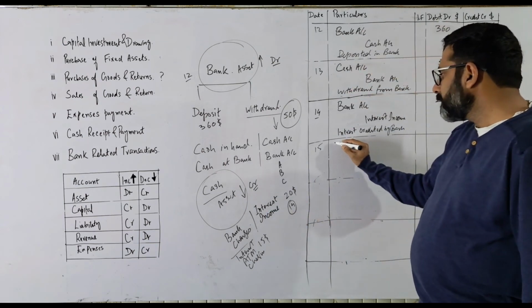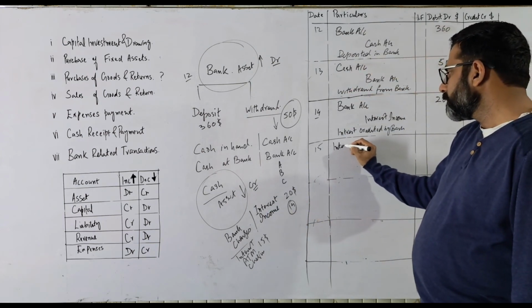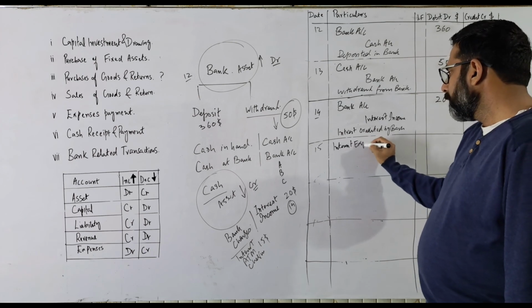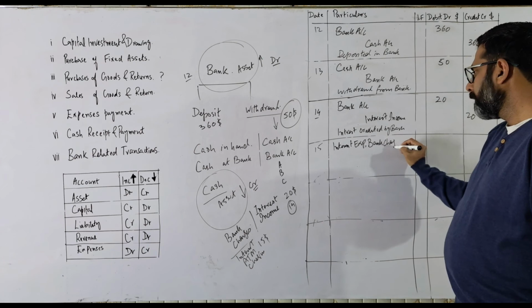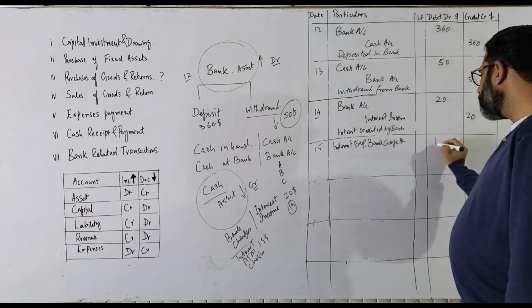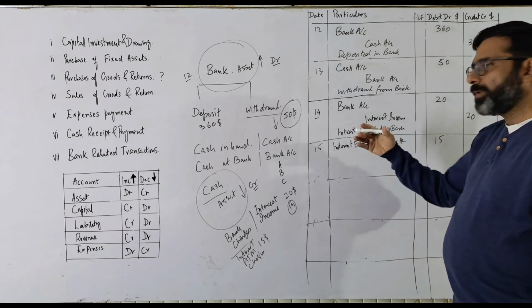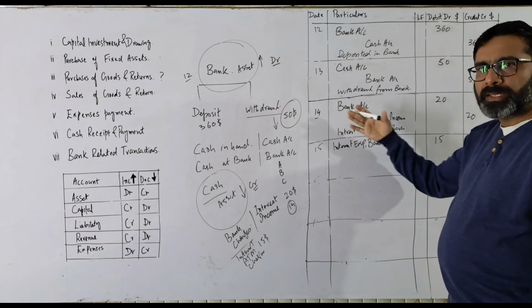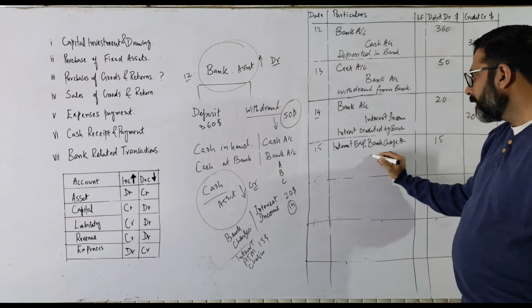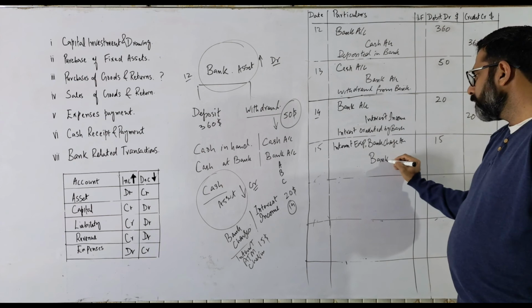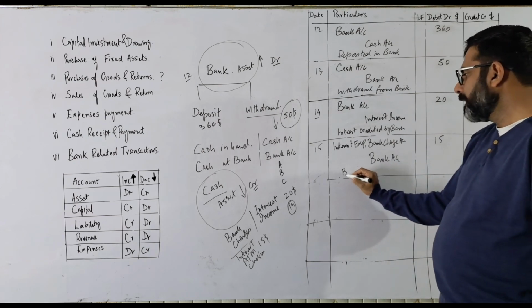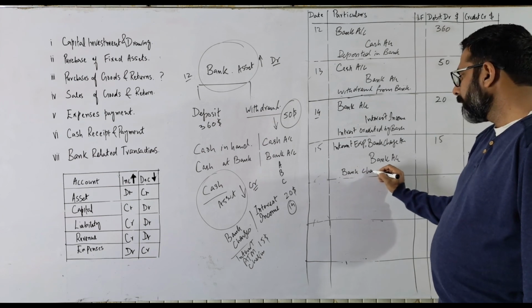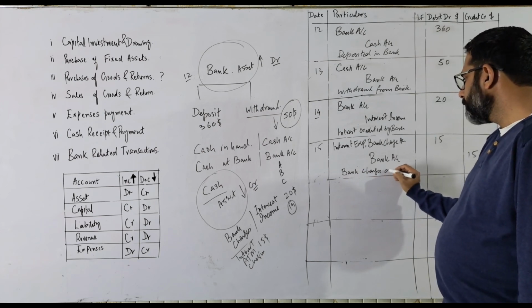So we will charge it like interest expense, or it may be bank charges. The account will be debit, $15. And what is reducing? The money in the bank is reducing. Here it was increasing, here it is reducing. So the bank account will be credited by 15. So we will say bank charges debited.